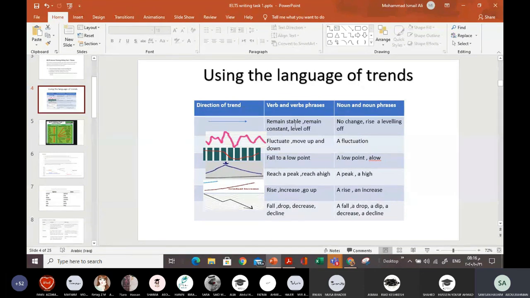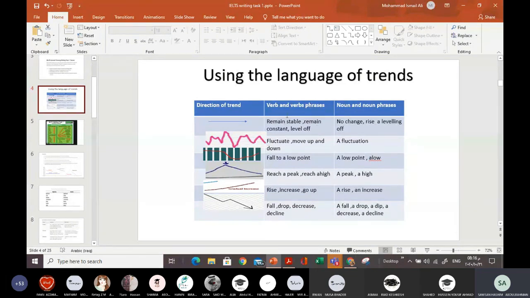Remain stable. This trend remains stable, remains constant, or levels off. إذا شفتوا هذا السهم بشكل straight, you are going to use these words: remain stable, remain constant, level off.